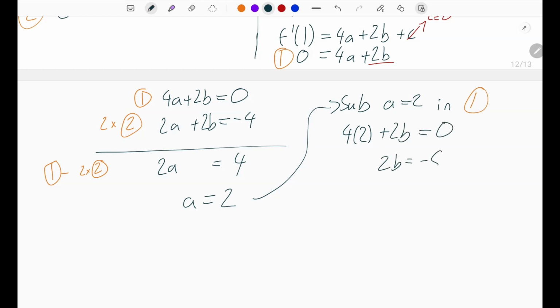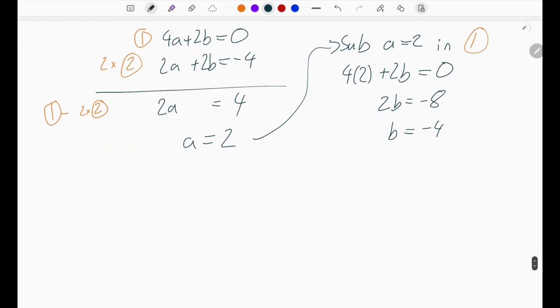So 2b is equal to negative 8, or b is equal to negative 4. And so therefore, our function is equal to 2x to the 4 minus 4x squared minus 6. And we were able to get that by using both the 2 points and recognizing that they were local minimums and maximums, so using their derivatives.